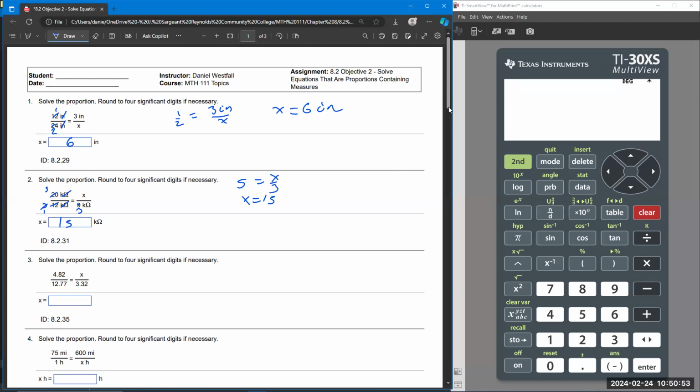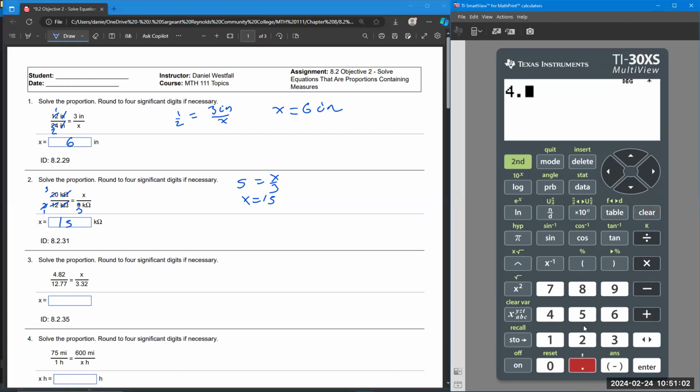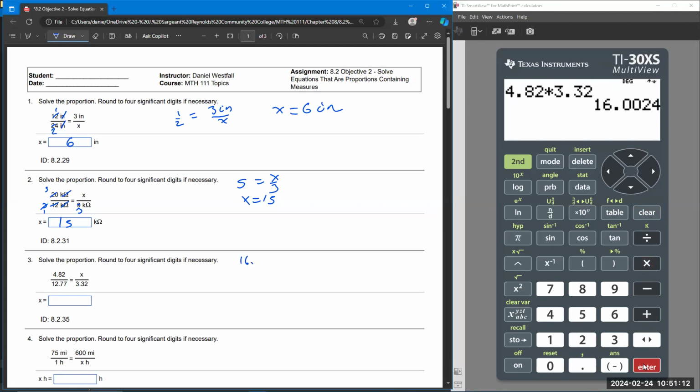All right, we got some decimals going on here. So let's go ahead and use the calculator. 4.82 times 3.32. It's going to be 16.0024 is equal to 12.77x.